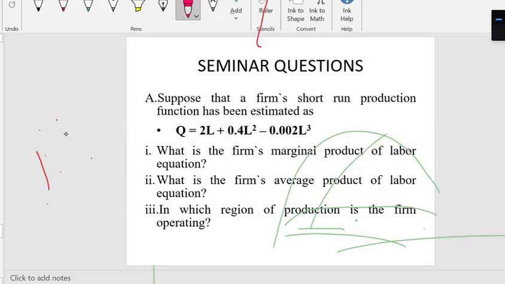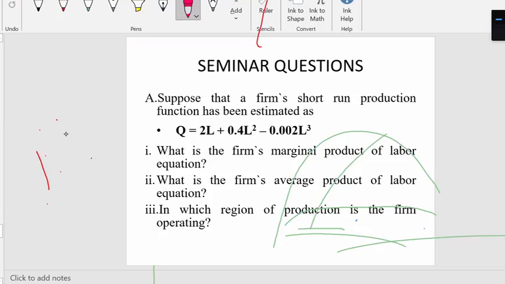Ndio maana tunaambiwa kila unachokifanya you have to document it. Ukishaweka data zako vizuri, you can compute it and you can know exactly I'm getting the marginal return now is 0 or is -1, or you can easily understand which stage of production am I now based on those statistics you have.